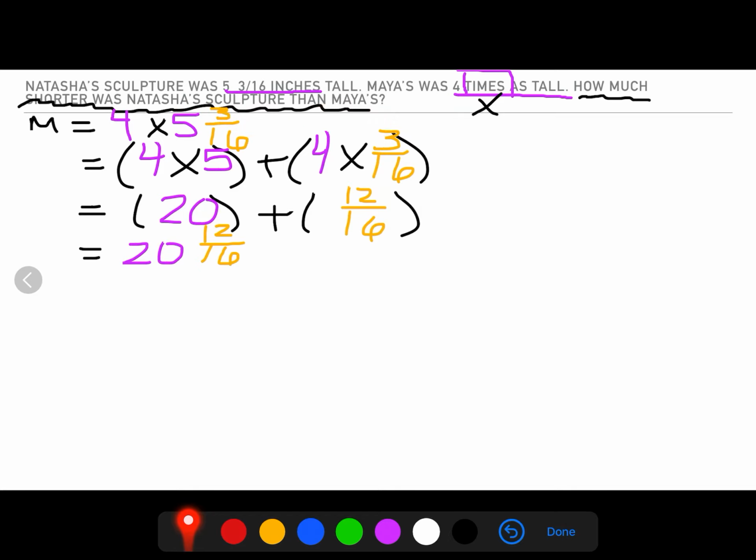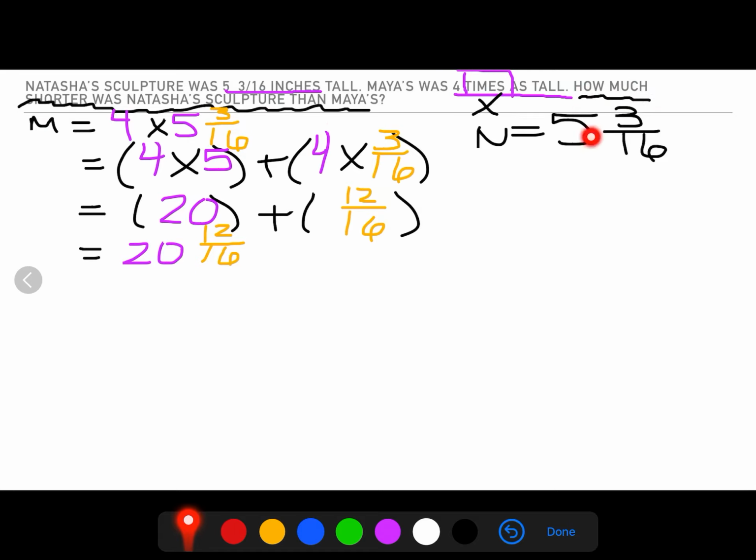So what do I need to do? Remember, Natasha's sculpture was 5 and 3/16 inches tall. So let's put n equals 5 and 3/16. This is Natasha's sculpture height. This is Maya's. What do I need to do to figure out how much shorter Natasha's sculpture was than Maya's? If you're struggling, I know I'm looking for the difference.